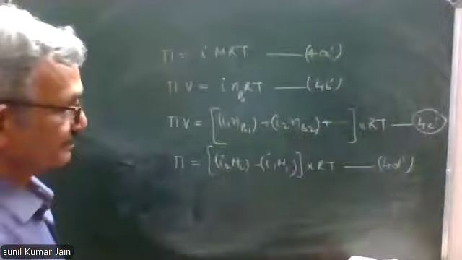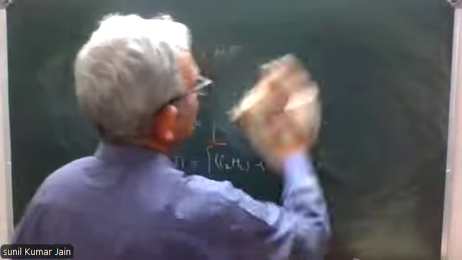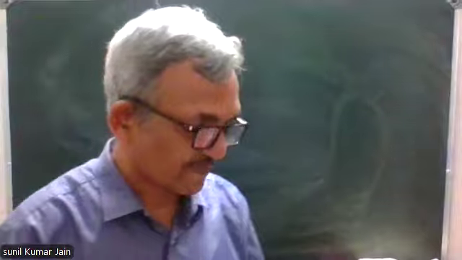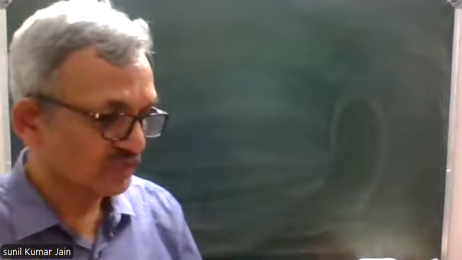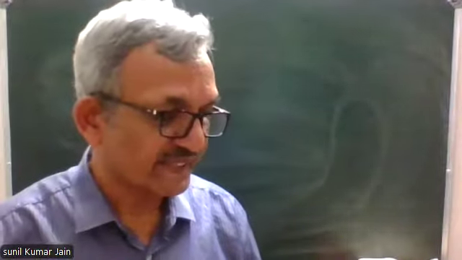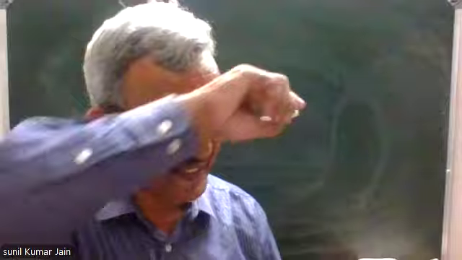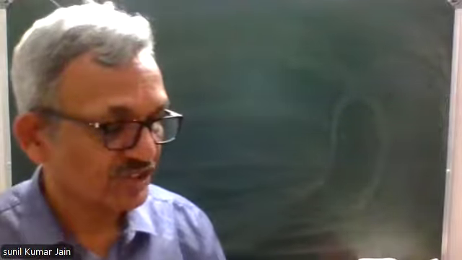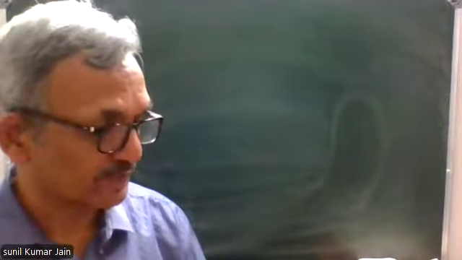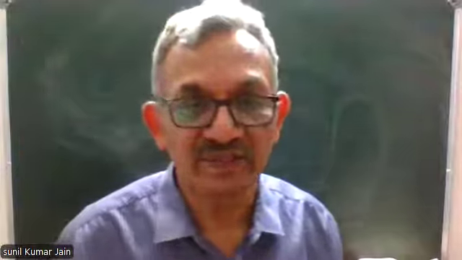Calculate the mass of sodium hydroxide present in 1 liter of an aqueous solution, which also contains 6 grams of urea and exerts an osmotic pressure of 8.21 atmospheres at minus 73 degrees centigrade. See, pi is 8.21.